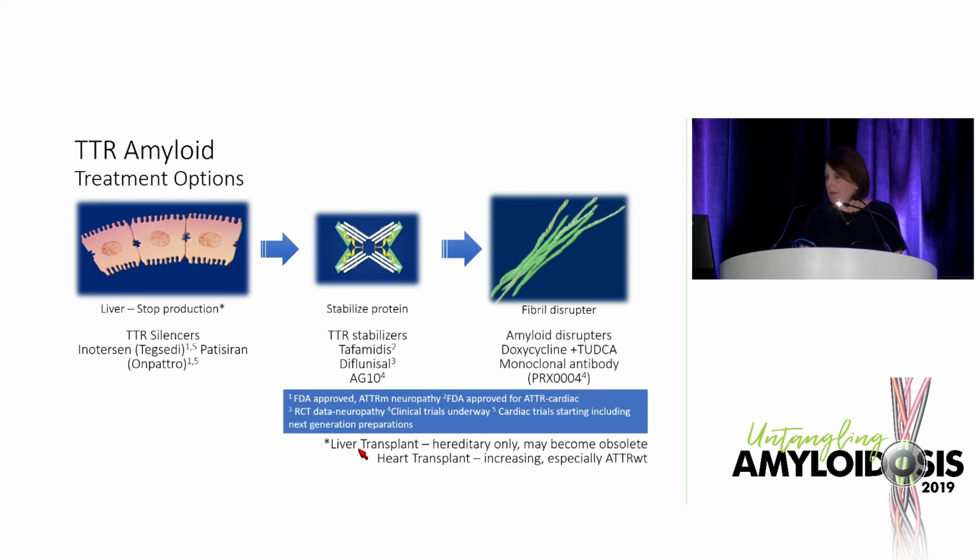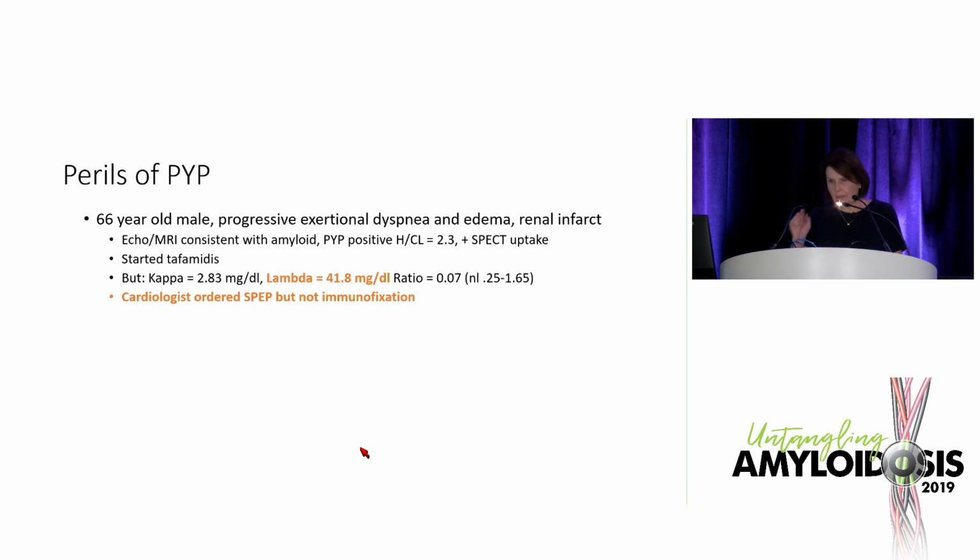But back to some of the issues with PYP, there are some perils, and I'm going to show you three really quick patients. Here's a 66-year-old who had dyspnea and a renal infarct. Echo and MRI suggested amyloid. His PYP was strongly positive with SPECT uptake.